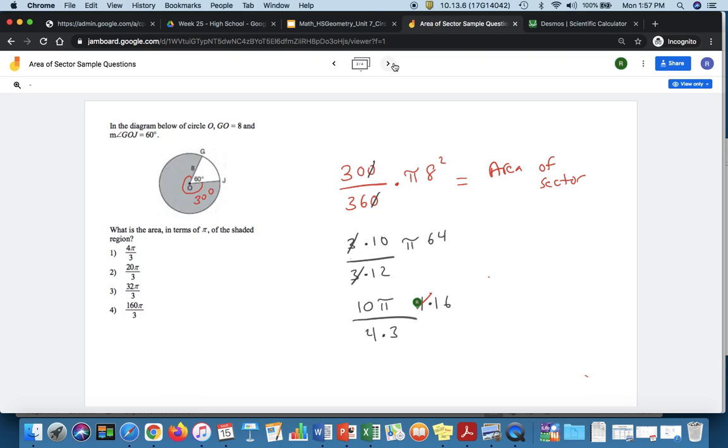And we could divide the 4's out, and now if I multiply, I got 16 times 10 pi over 3, or 160 pi over 3, which is our last choice. Obviously, we could use a calculator, but that was some arithmetic there.